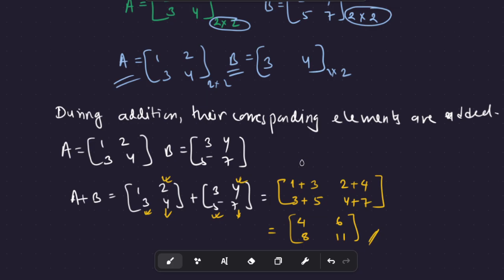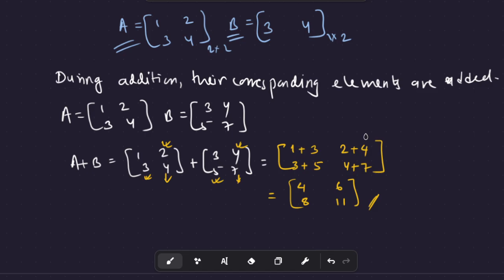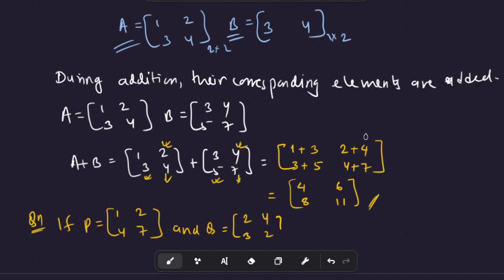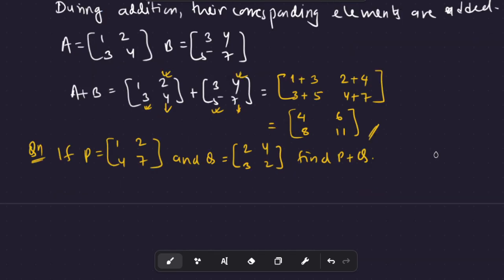Okay, have you understood this? Yes, sir. Okay, one question then. Example: if P equals 1, 2, 4, 7 and Q equals 2, 4, 3, 2, find P plus Q. Let's get the answer of this.